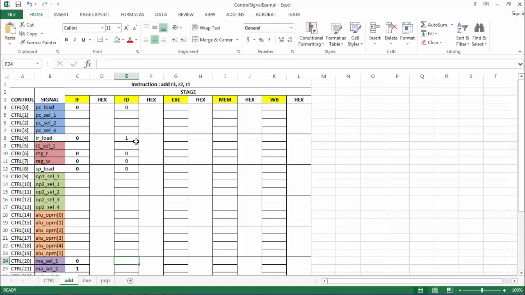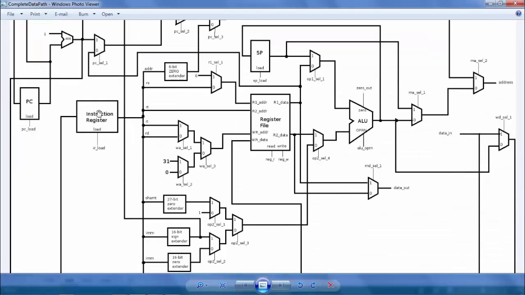And by the way, at this point, this is not only instruction decode but register fetch as well, right? So the instruction has been loaded into the instruction register, and then in the same cycle we need to make sure we are actually doing the register read correctly, right? So here I need to read in RS and RT as R1 and R2.